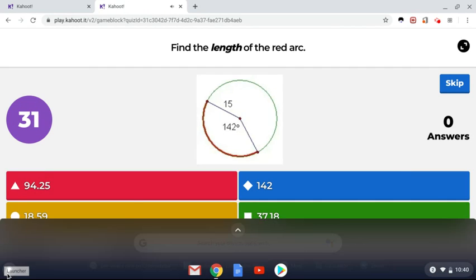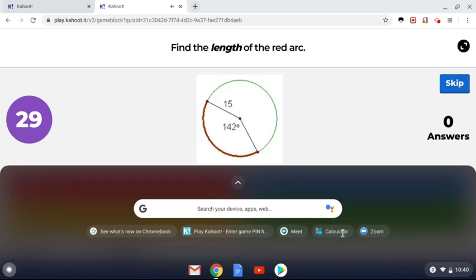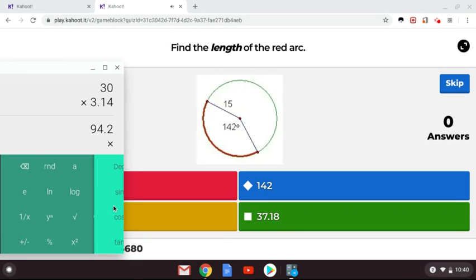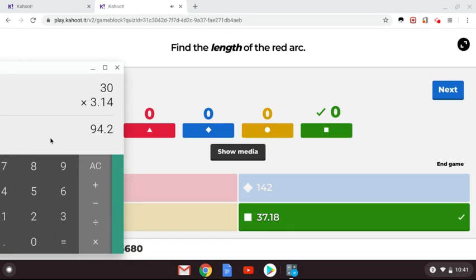Where's my calculator? Sorry, 30 times 3.14, and then that times 142 over... Ooh, sorry, guys, it did not work. I wasn't able to get through this portion.